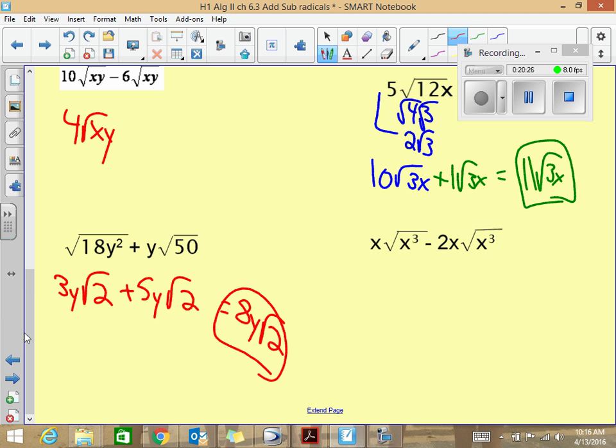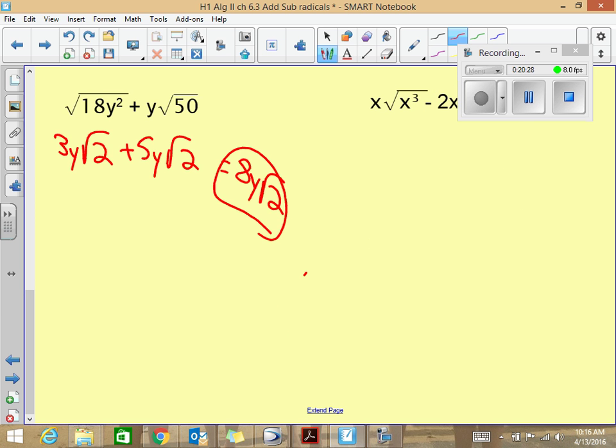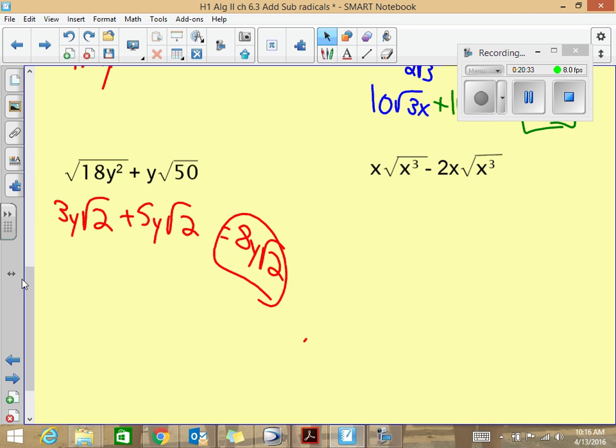Now the next one's kind of tricky. So how can we simplify x to the third? What can come out of x to the third? If we have 3 x's, we have a pair, right? So 1 can come out. So it makes it what outside, Liz? X squared, right?